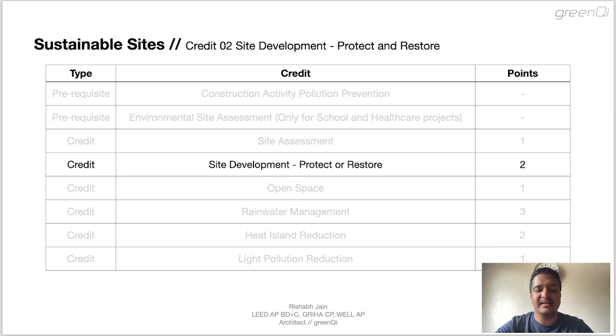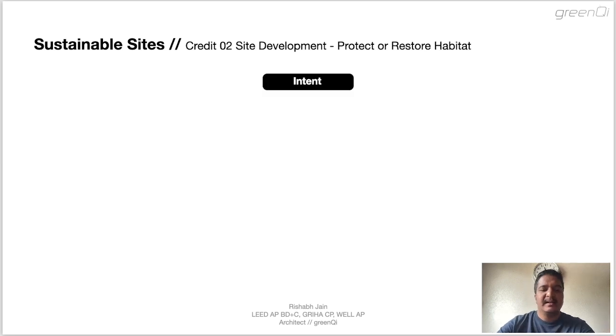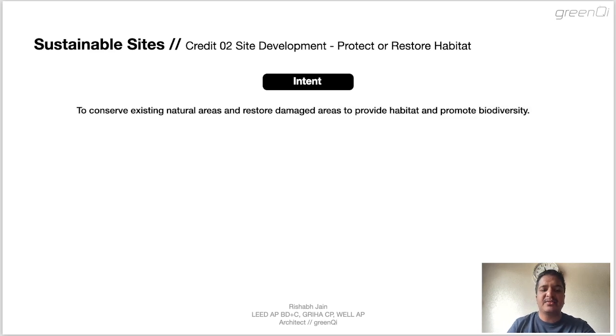Moving on to the second credit in the category, which is site development to protect and restore. This is going to be long, so please go and sip some water before beginning this. Let's begin with the intent of the credit: site development to protect and restore. The intent states to conserve existing natural areas and restore damaged areas to provide habitat and promote biodiversity.